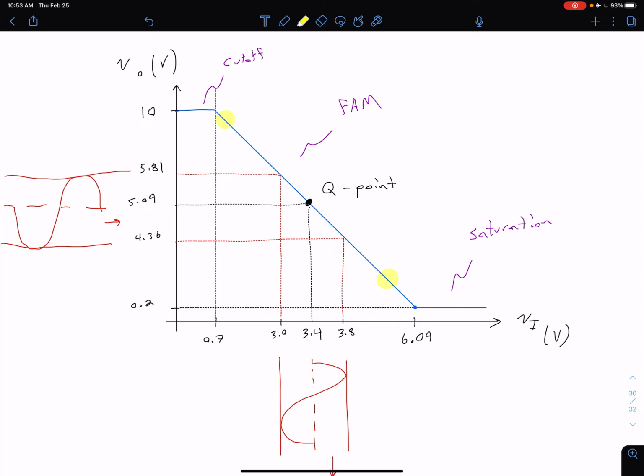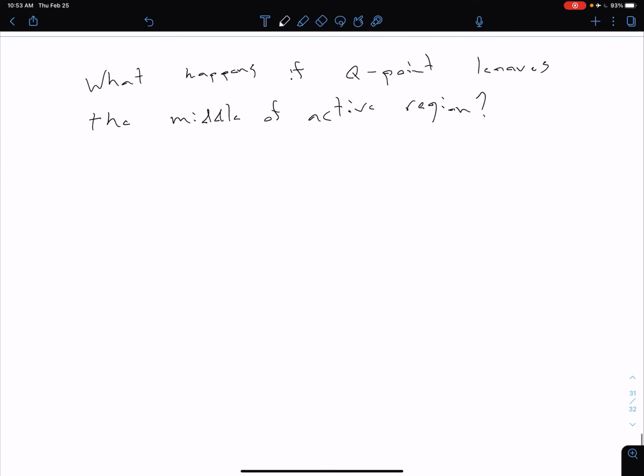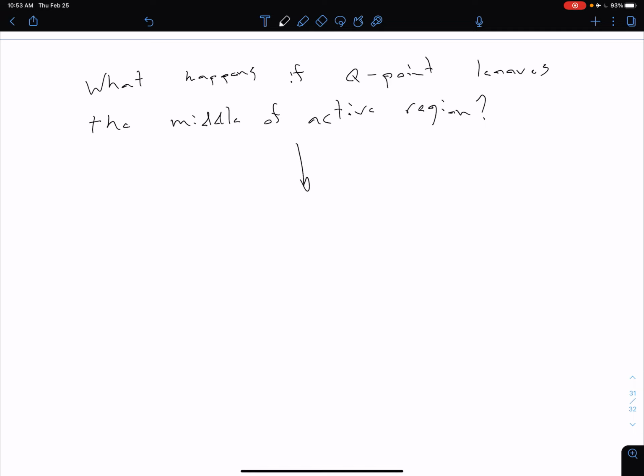And what we would see is that as we shift these dashed lines too close to saturation, at some point this rightmost red dashed line is going to be somewhere in this region, and we're going to end up with a clipped waveform on our output. So if we're too close to either side of our forward active mode, then our output waveform is going to be clipped.